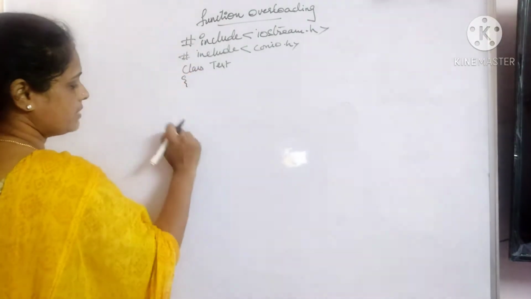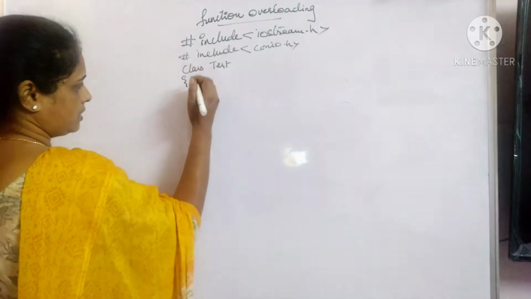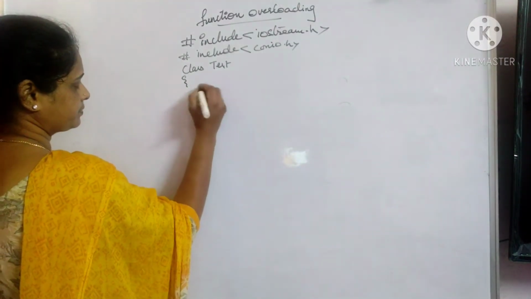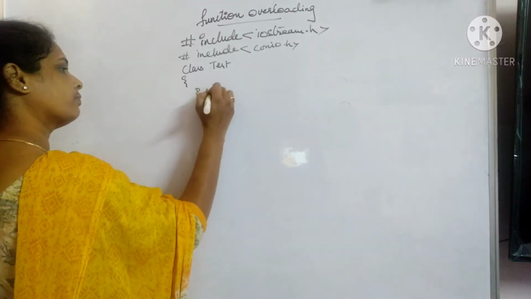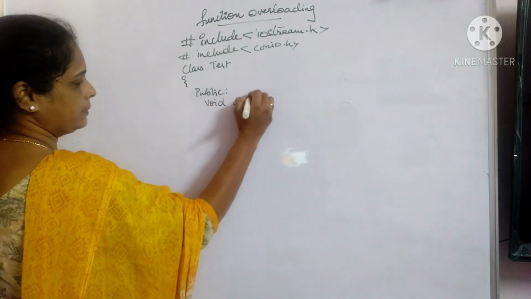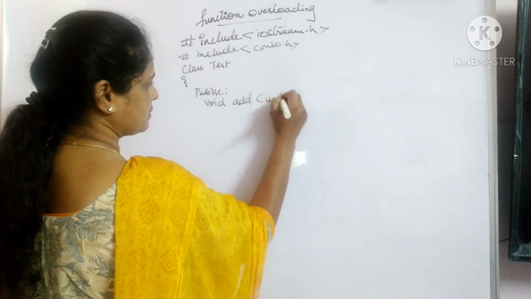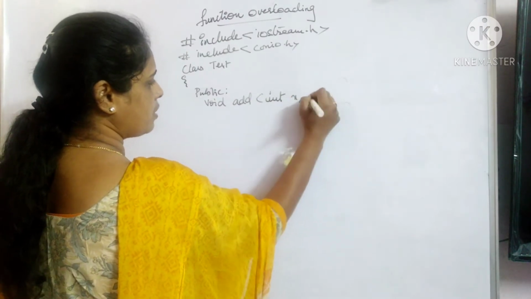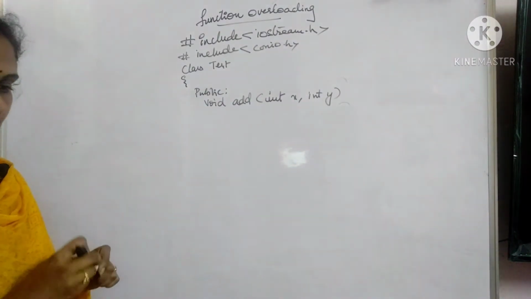Here we'll create a function: public void add. Here I'm taking some arguments, int x comma int y. I'm taking two arguments here.